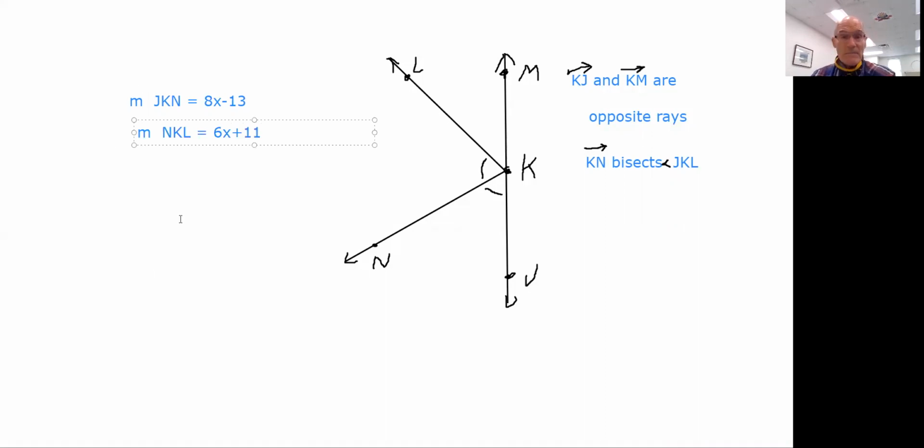Now, so I'll come back in here and put in the measure of the angle. So the angle symbol right there and the angle symbol right there.